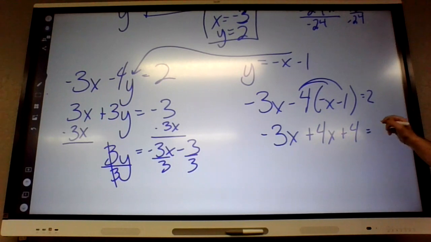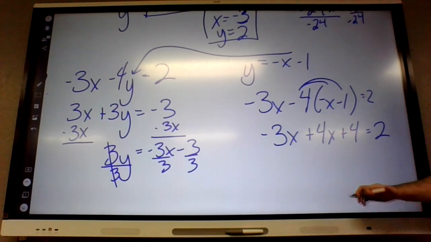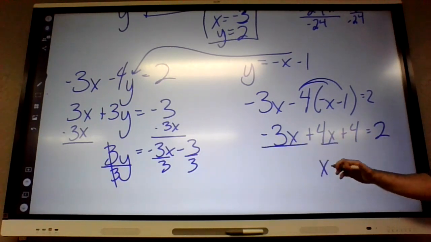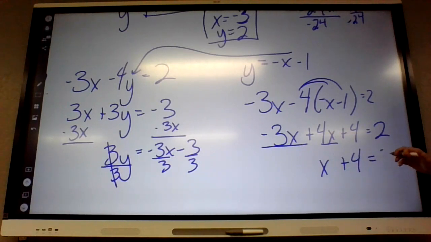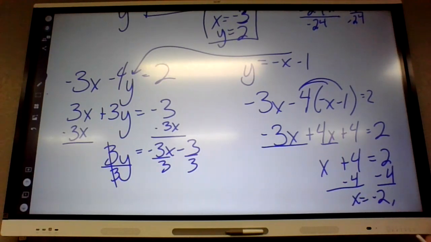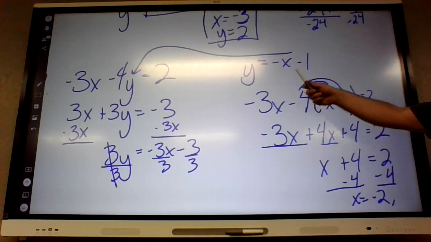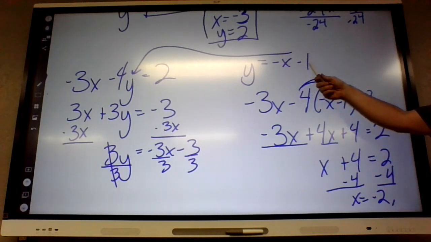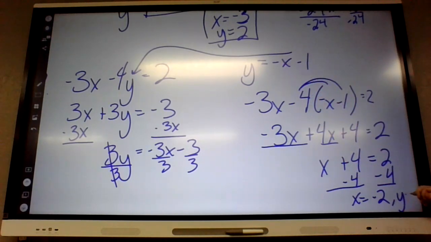So those both become positive. If I put negative 2 right there, negative 2 is 2 minus 1 is 1.